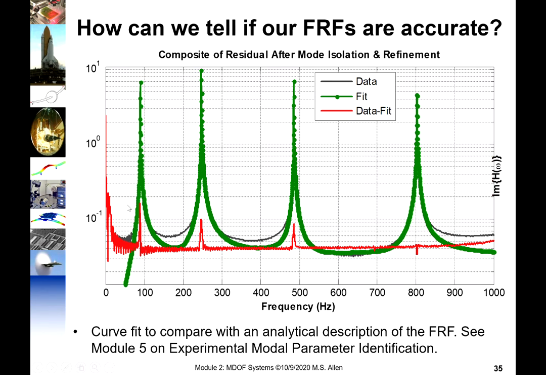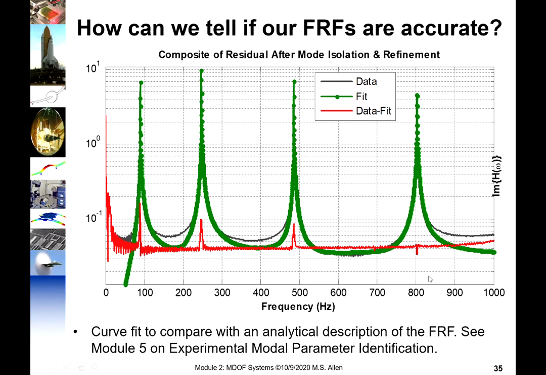So we fit 4 modes to the data, and then we overlay the data and the fit, and here we even show the difference between those to accentuate the differences. If the data fits well, then we know that we have what could be an accurate linear FRF. That doesn't tell us that our calibration isn't wrong or anything else went wrong.